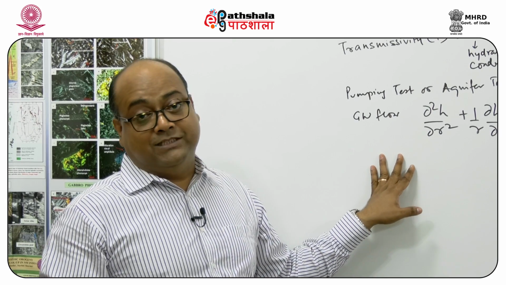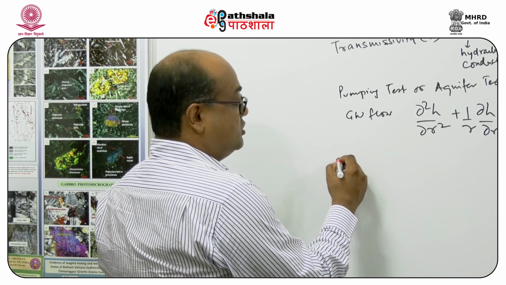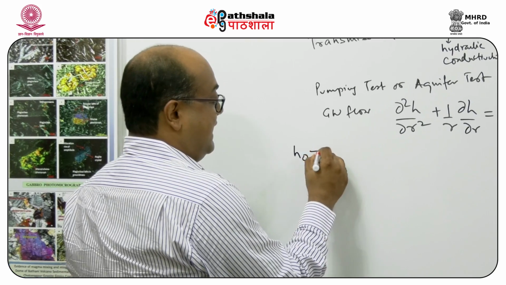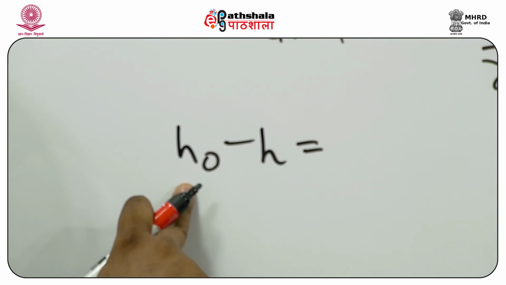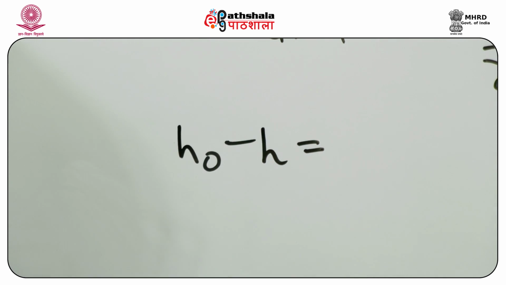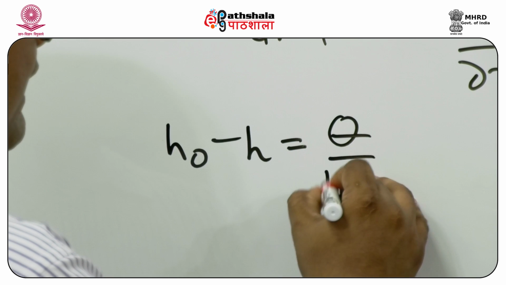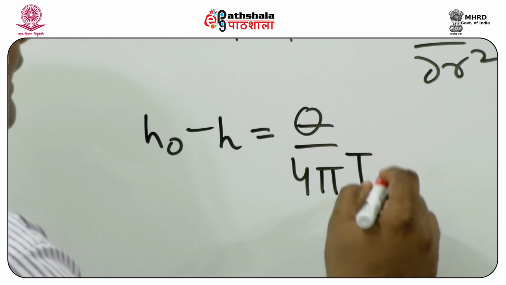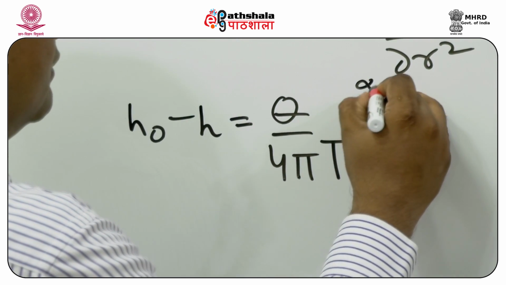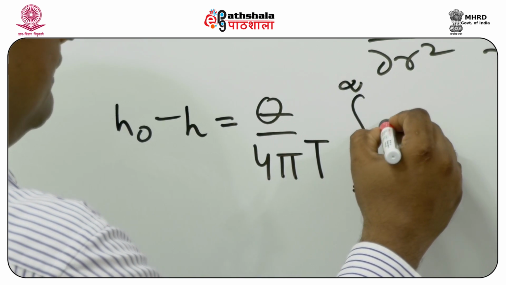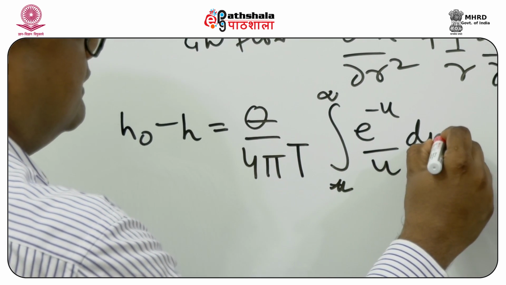The solution to this was proposed by C.V. Theis, and it says that H0 minus H, which is the drawdown we have been calculating, where H0 is the hydraulic head before pumping and H is the hydraulic head after pumping for some time, is given by Q/(4πT) times an integral from u to infinity of e to the power minus u, divided by u, du.